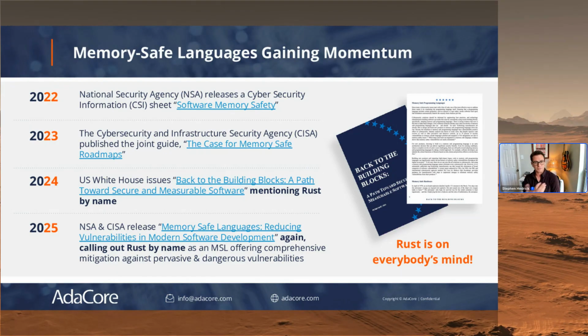Since 2022, there's been this continual push every year. In 2024, last year, they started mentioning Rust by name. The White House released a mandate for safety critical, specifically naming Rust, and then again, just a month or so ago, the NSA and CISA released Memory Safe Languages: Reducing Vulnerabilities in Modern Software Development. Again, mentioning Rust, which is really cool.